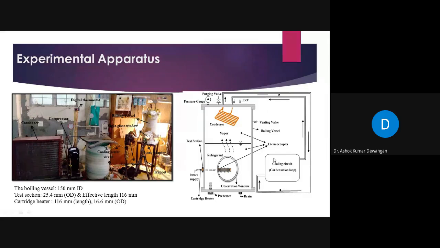The internal condenser is made from copper tube and was used for the condensation of vapor formed during the boiling of the refrigerant inside the vessel.